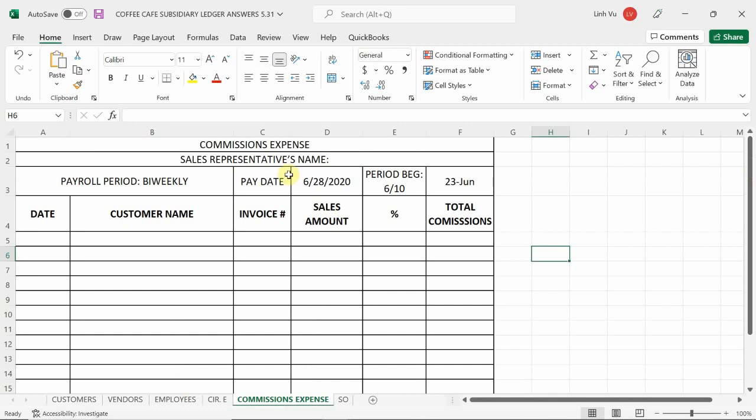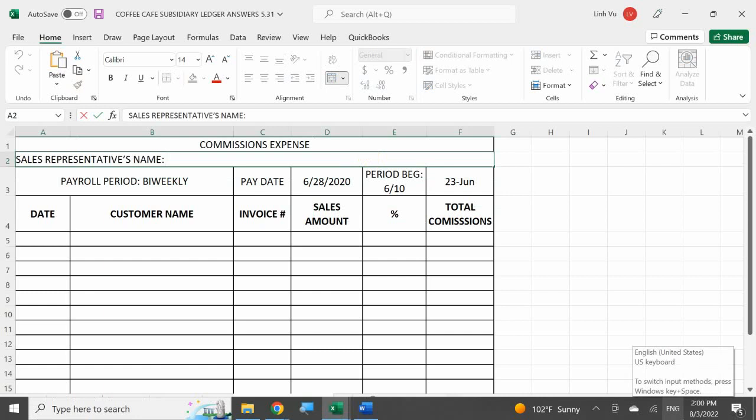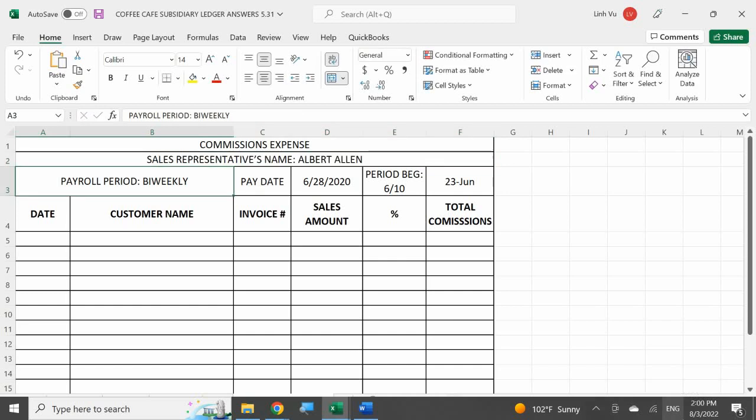So in this case, he gets his own little table for his commissions. Who is the person? Albert Allen. Okay, so we're going to keep a good track record of Albert Allen and how much sales he has completed.